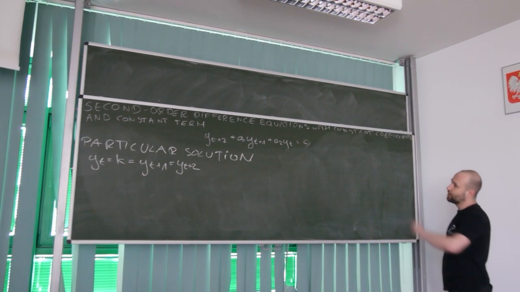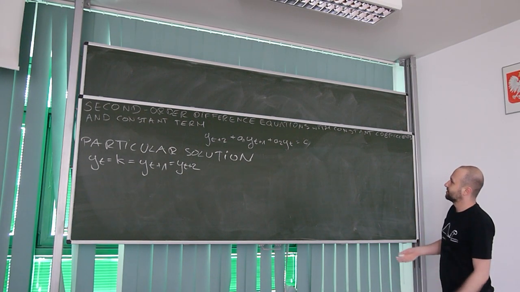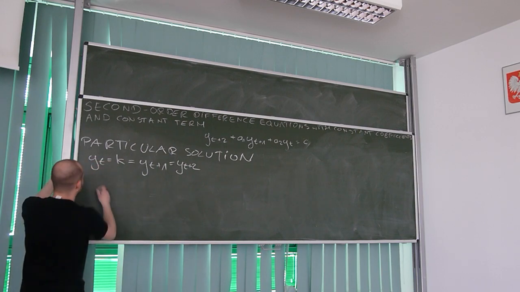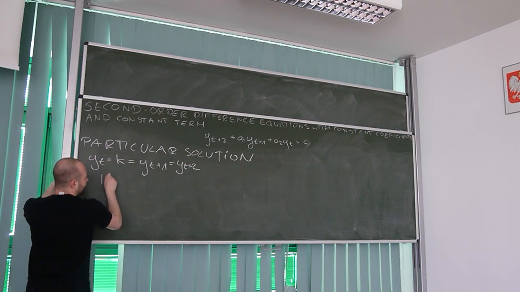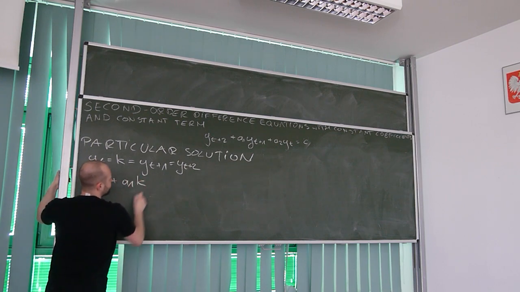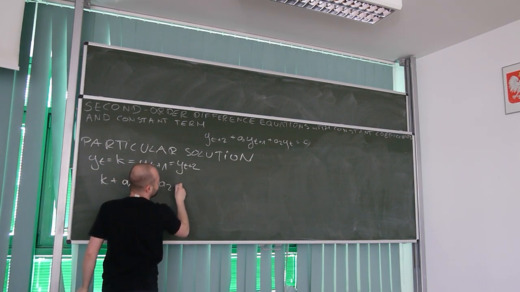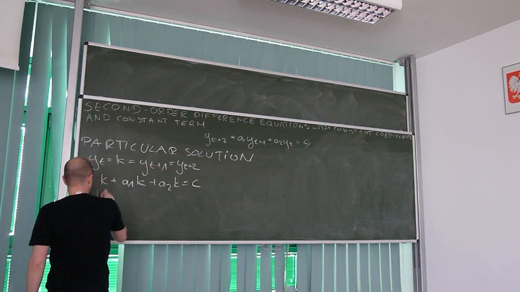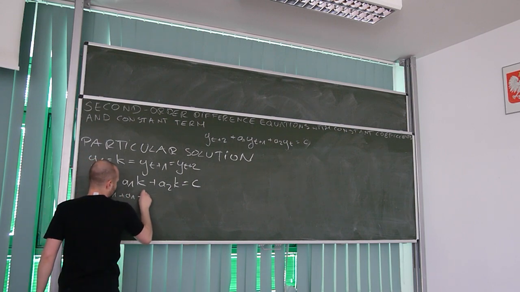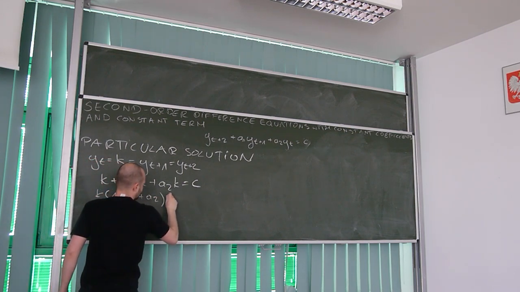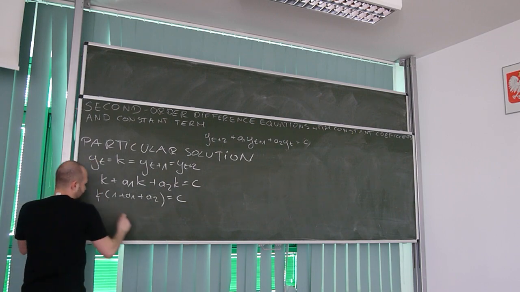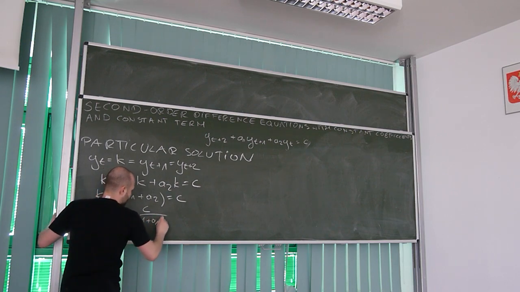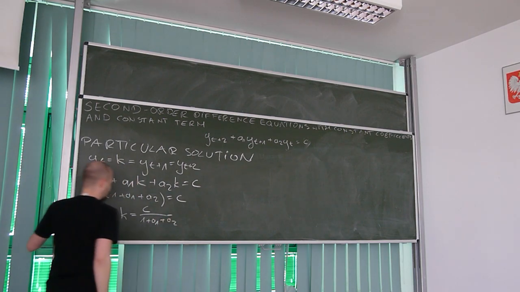So now that we've established that, we can simply substitute this into the equation. So we get k + a1 k + a2 k = c. We can factor out k, and then we obtain that k is equal to c over 1 + a1 + a2.